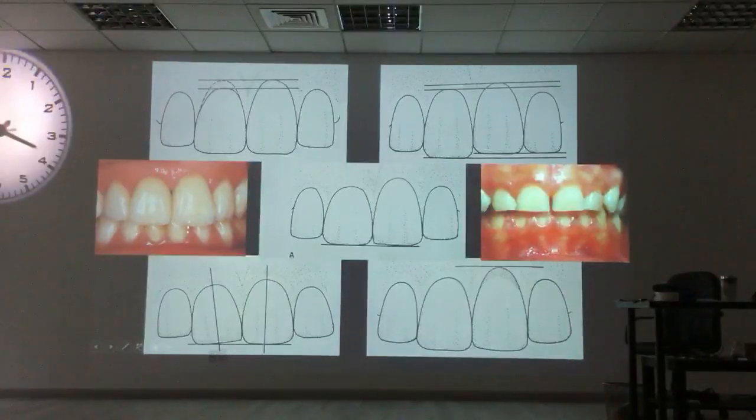What's the average length which is acceptable by the human eye? 10 to 11 is acceptable. And width, 8.5 is acceptable. So a human eye can always accept a 20% difference between height and width.